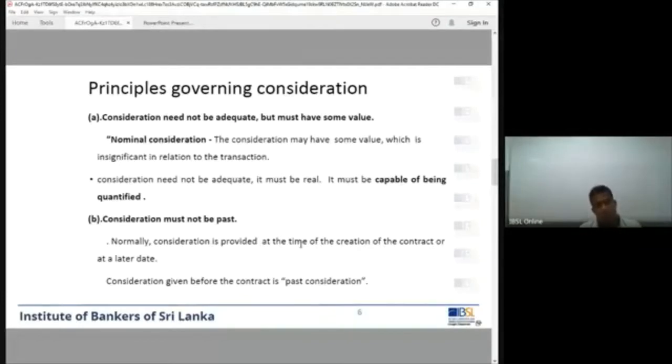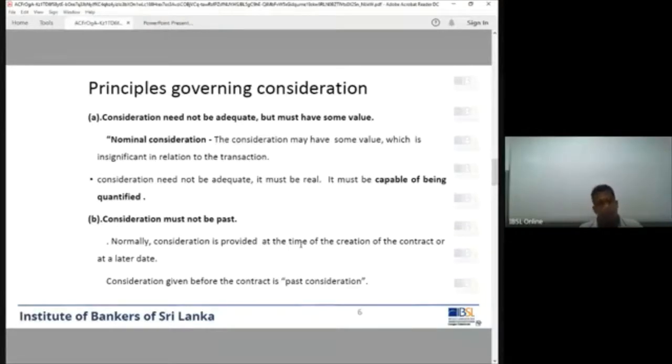But for the deed, you put one rupee, or forget about 1 rupee, 10,000 rupees. When you compare the 10,000 rupees to the real value of the property, 10,000 is not sufficient. It is not adequate anyway.